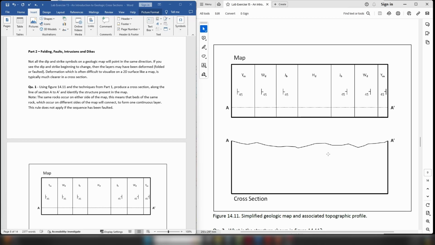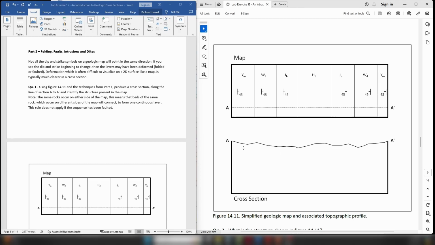So if for argument's sake, say this is a syncline, the layer of rock would start over here and it would come under and then it would come back up on the other side. And it would be one continuous layer, all right? And so when you are drawing your cross section, you are going to have to try and make sure that the layers will join with each other underground, assuming it's a syncline.